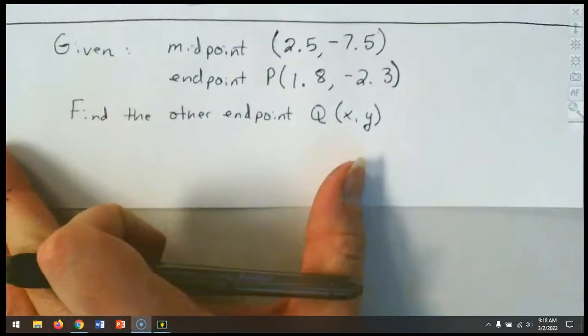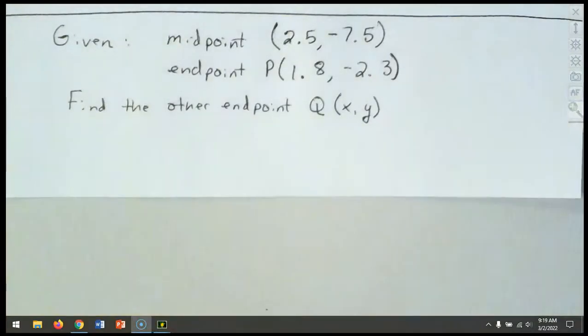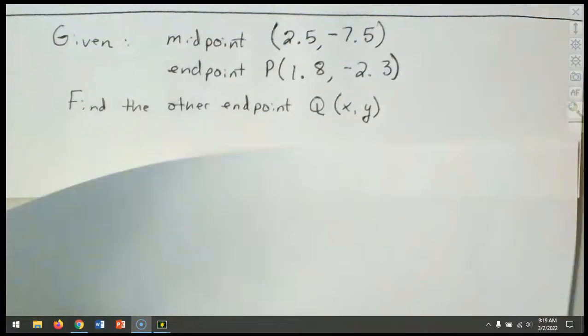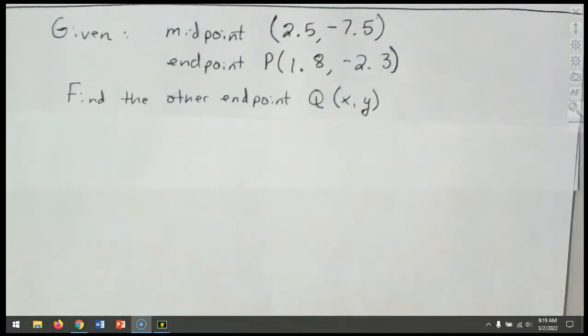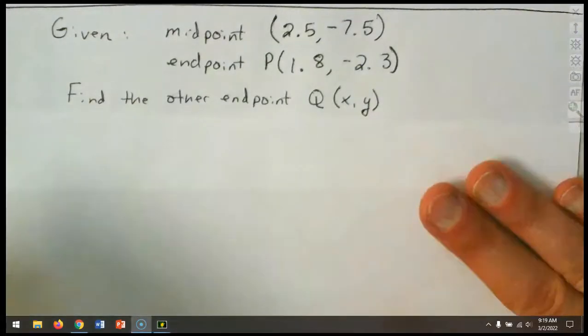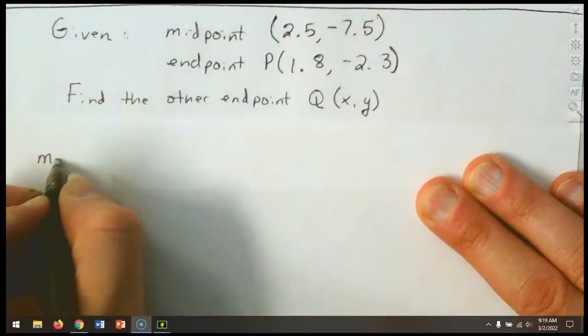So, same procedure. I always like to again begin writing the formula. You know we're going to be finding the midpoint and working with that. So we write down our midpoint formula.